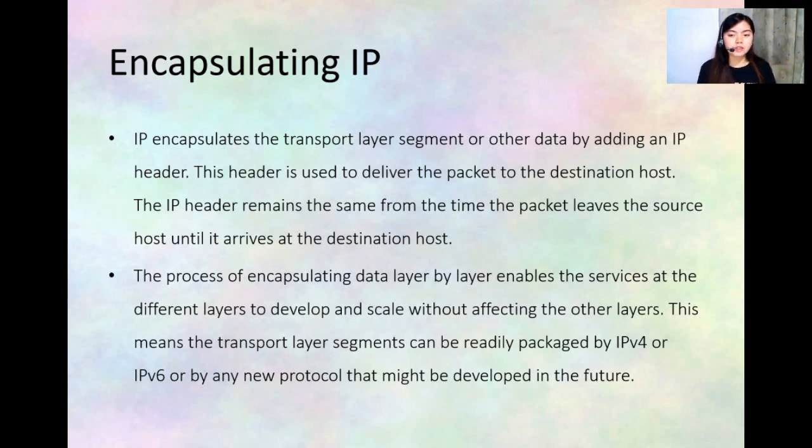This header is used to deliver the packet to the destination host. The IP header remains the same from the time the packet leaves the source host until it arrives at the destination host. The process of encapsulating data layer by layer enables the services at the different layers to develop and scale without affecting the other layers. This means the transport layer segments can be readily packaged by IPv4 or IPv6 or by any protocol that might be developed in the future.